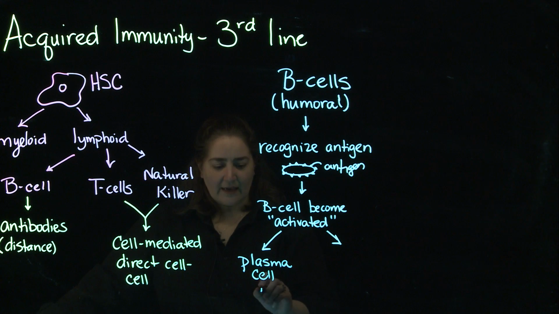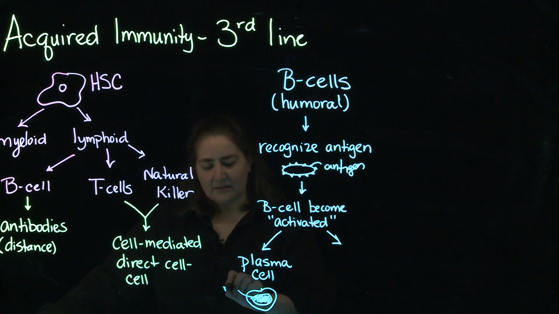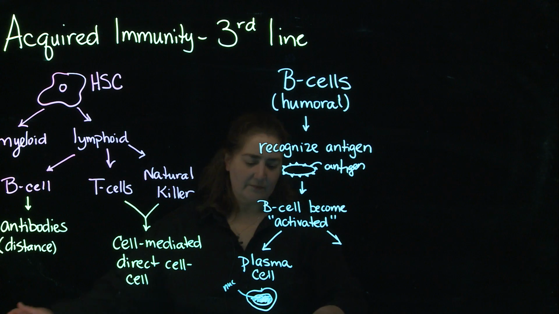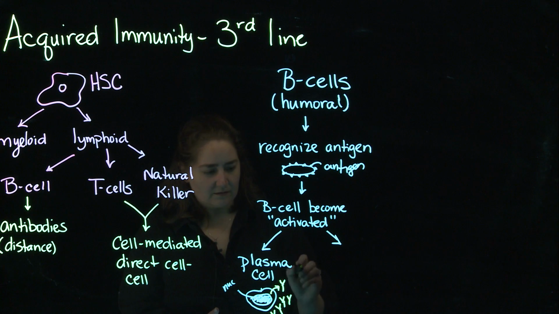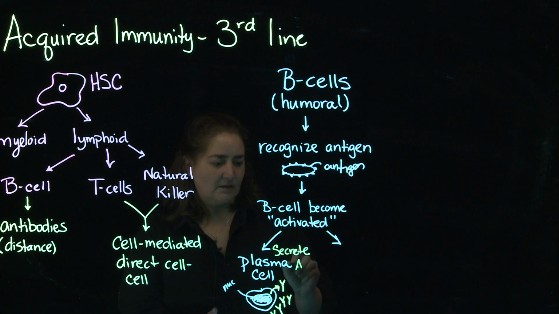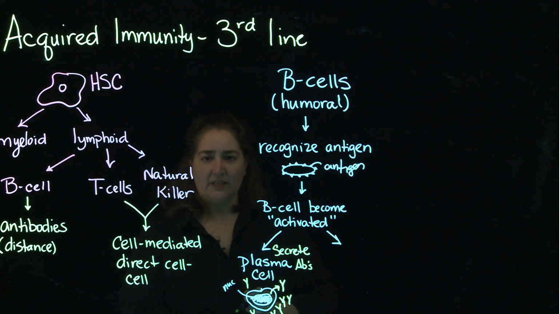And that plasma cell, this is our nucleus, is going to secrete lots of antibodies. Those are the Ys that I'm drawing here. These are representative of the antibodies.